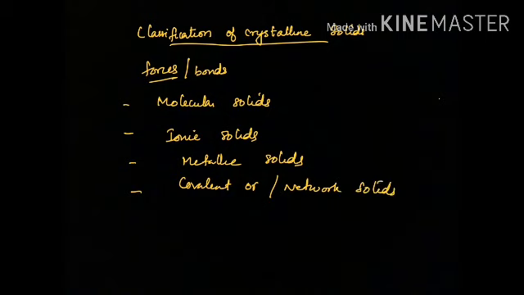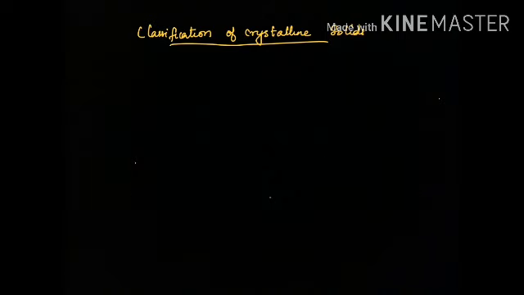So depending upon the intermolecular forces that exist between the particles of the crystalline solids, it is classified into molecular solids, ionic solids, metallic solids, and covalent or network solids. Okay, so one by one we can study each of the types of the crystalline solids. The first type that we are going to discuss today is the molecular solids.